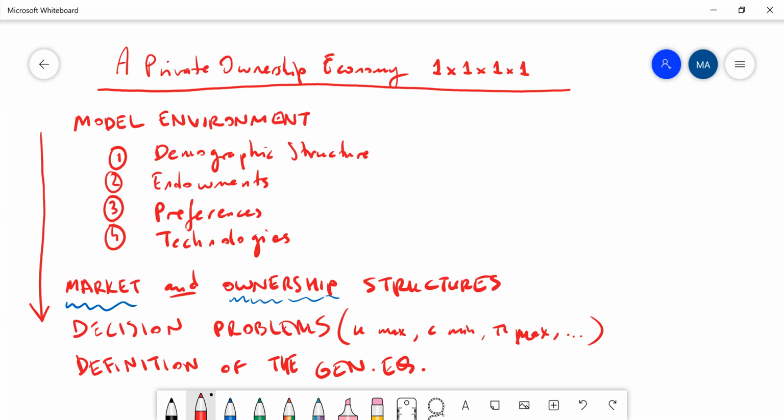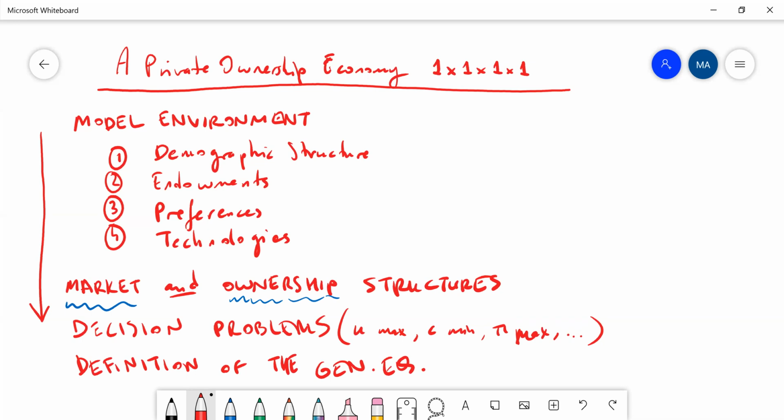Then you can define decision problems, because now you can define incomes, right? You can define the income level of different people in the economy. Some people will own the firm, so they will have profit. Especially if the market structure is not perfectly competitive, there will be excess profits. Those profits become incomes of the firm owners.